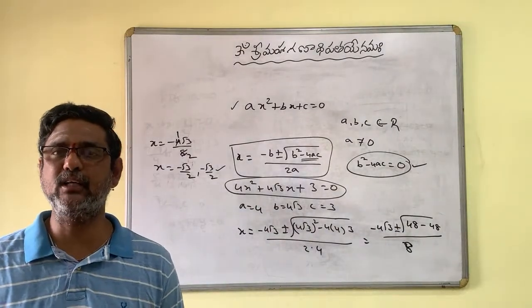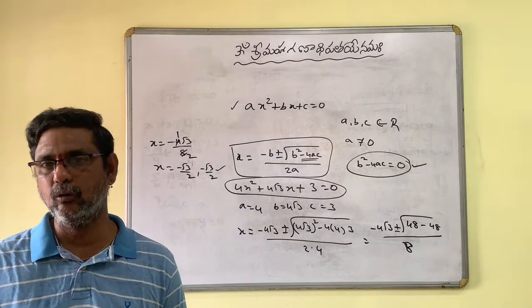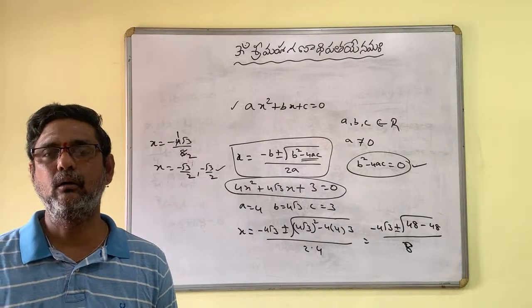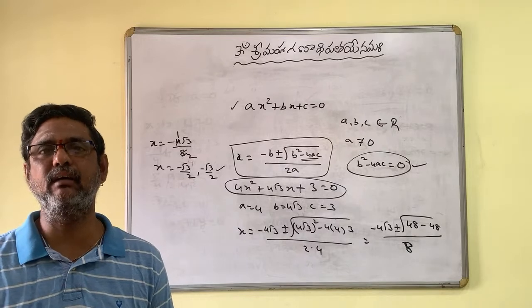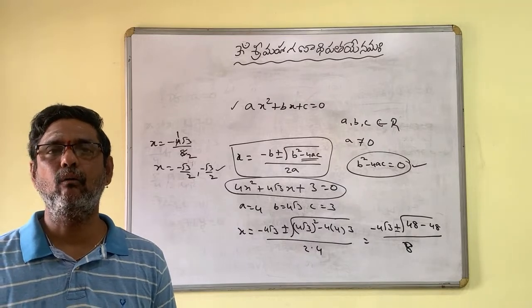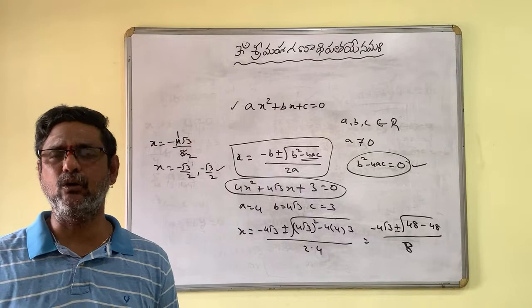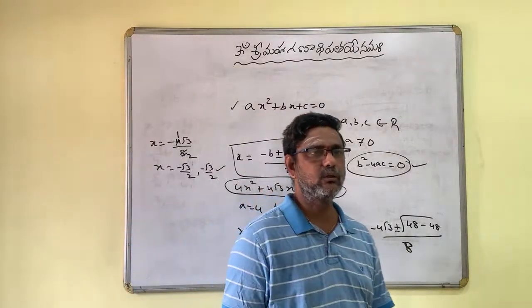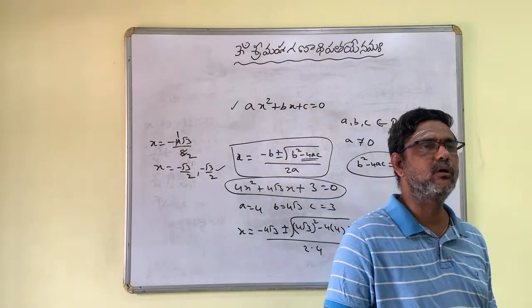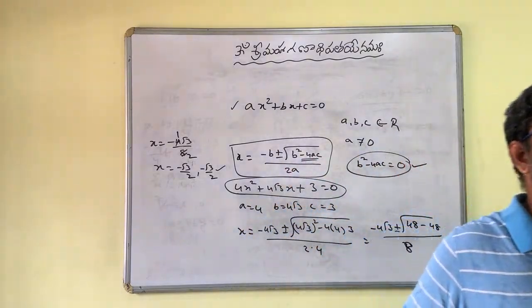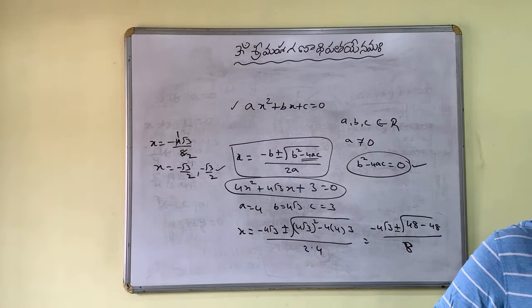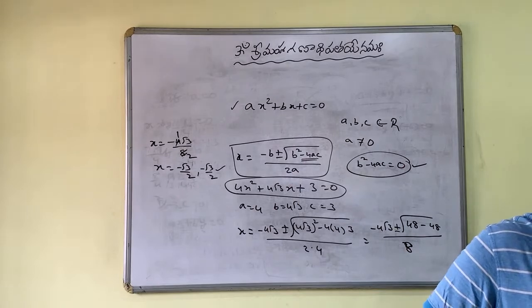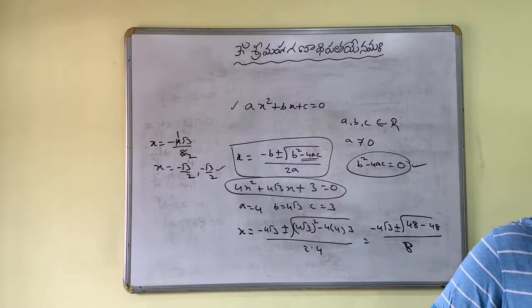Whenever b square minus 4ac is 0, for that particular equation we will get equal zeros. 2 same zeros. We will get 2 zeros, both are same. We can say only 1 zero, or we can say both are same zeros.